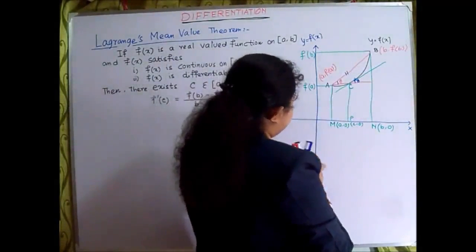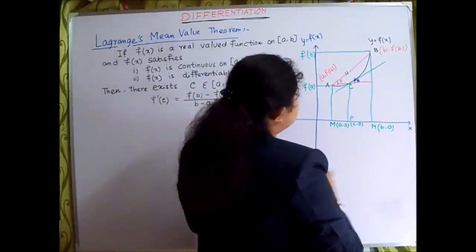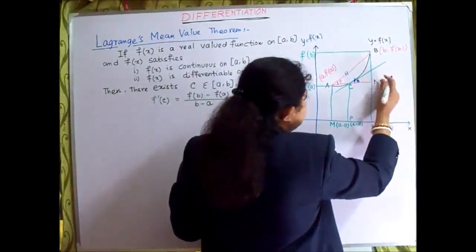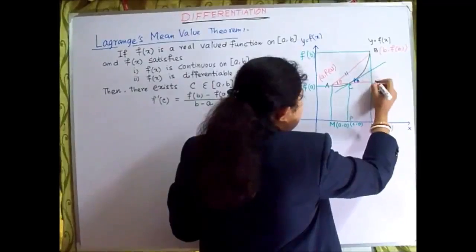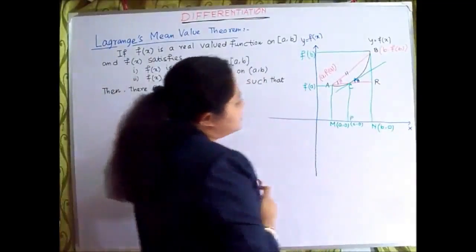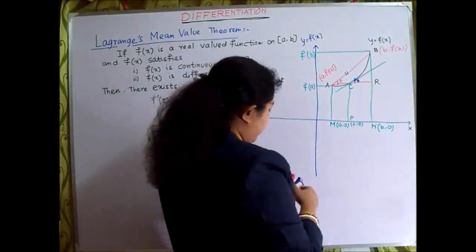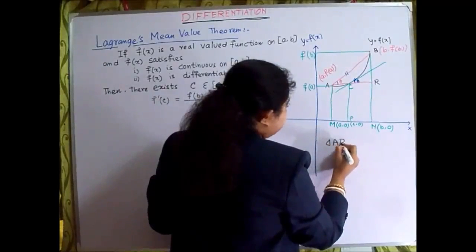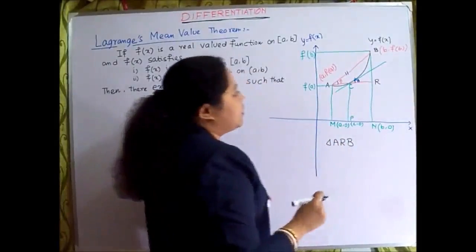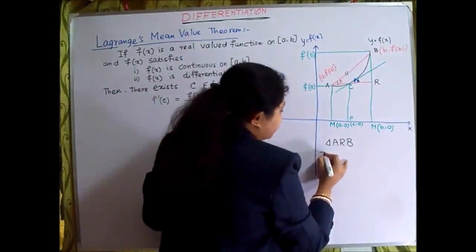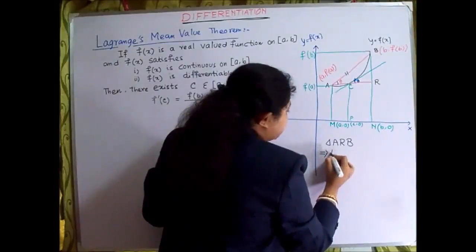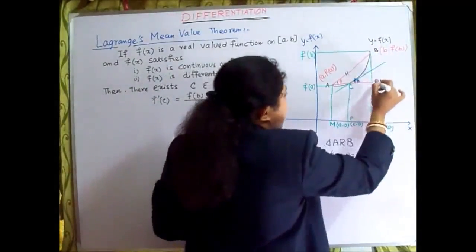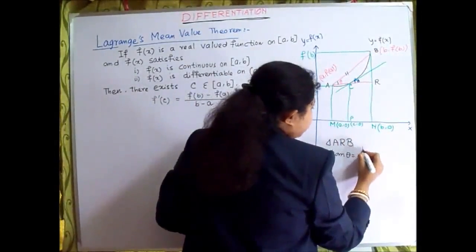Now if we write this one as R, so from the triangle ARB, what can we write? From ARB we can write tan theta is simply BR divided by AR, right?